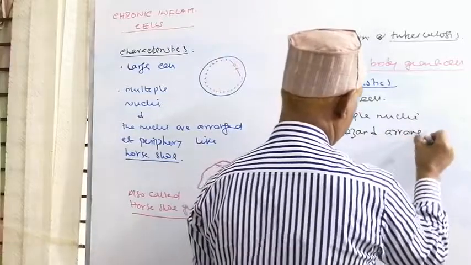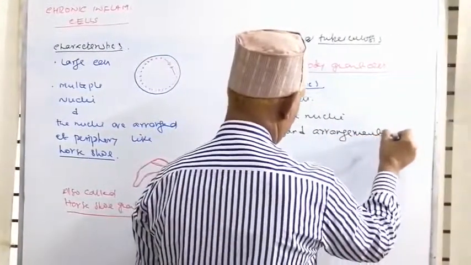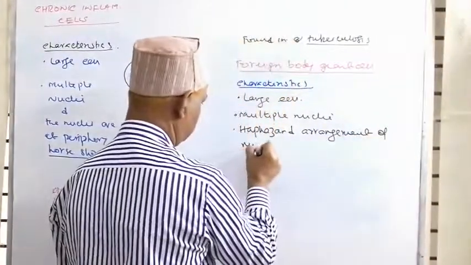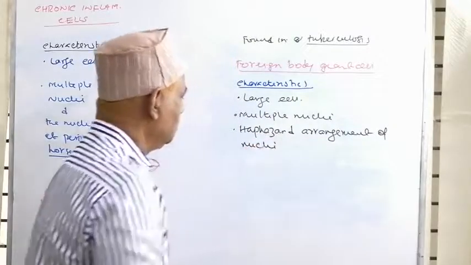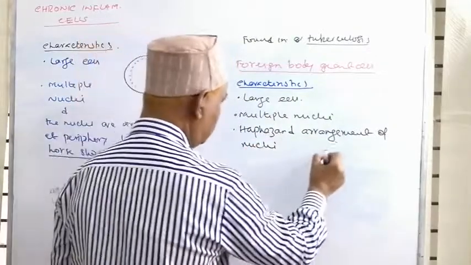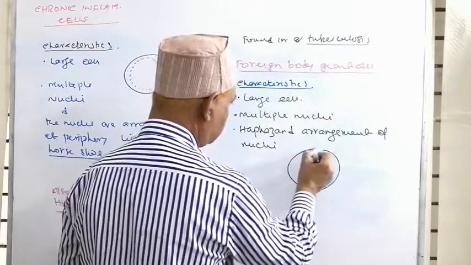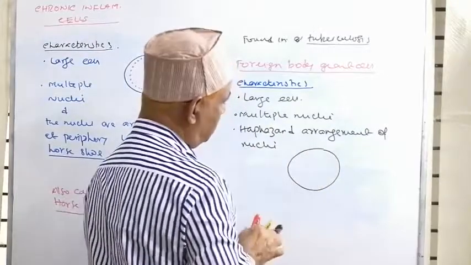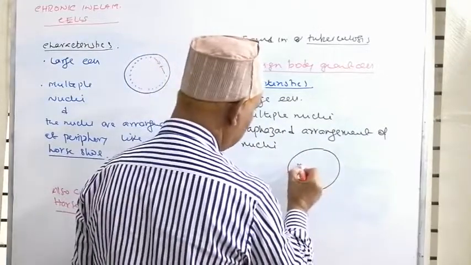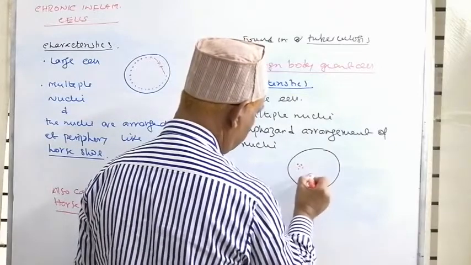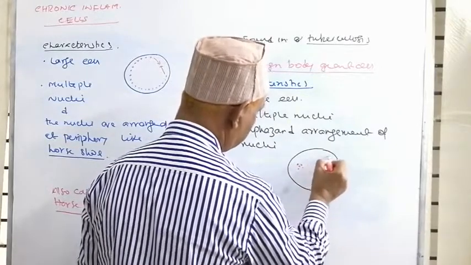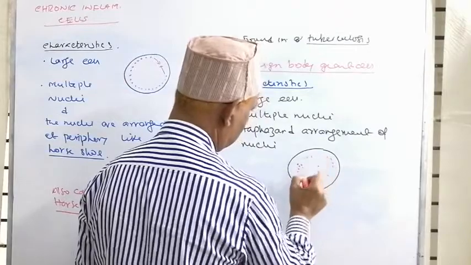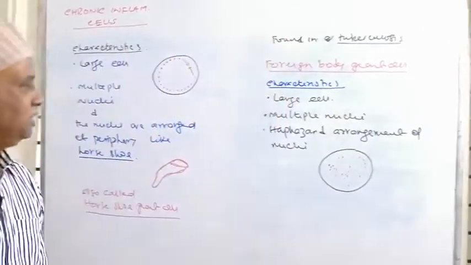Suppose this is the large cell, foreign body giant cell, and red one is the nuclei. These are not arranged systematically, but there is haphazard arrangement. So haphazard arrangement of nuclei.